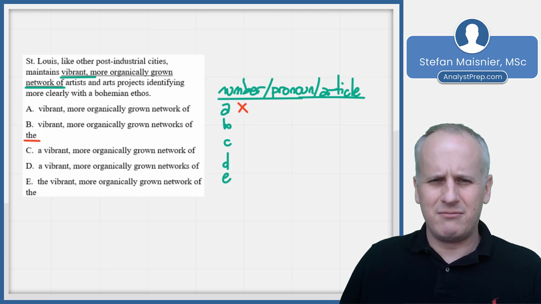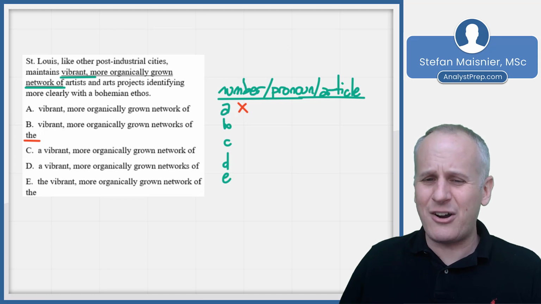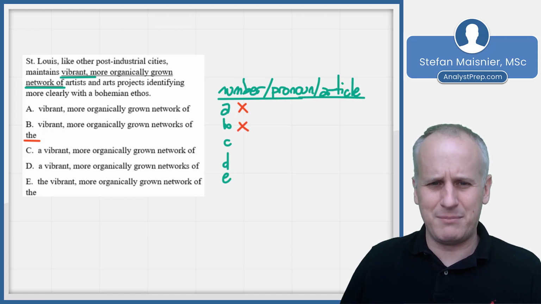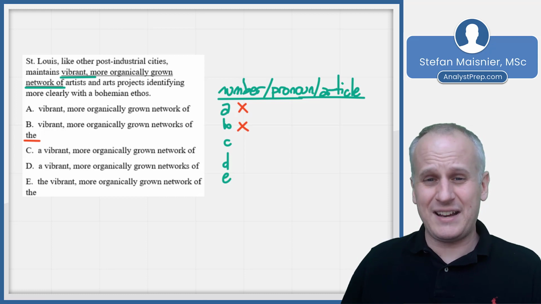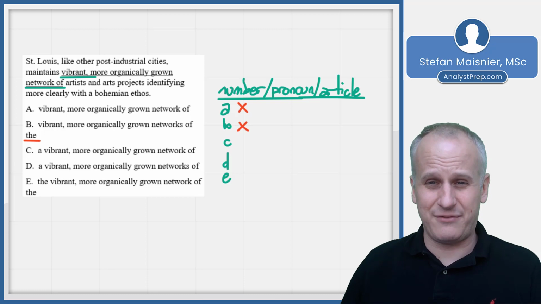Well, it's just artists and arts projects generically in the sentence as written, so we can eliminate choice B immediately. And you can see that I didn't even keep reading the sentence, because as soon as I identify an error, I can just eliminate A and move on to looking at the answer choices to see any repeaters of that categorical issue.